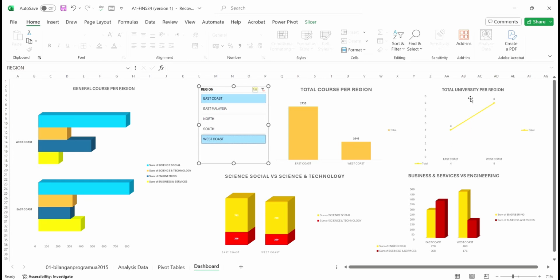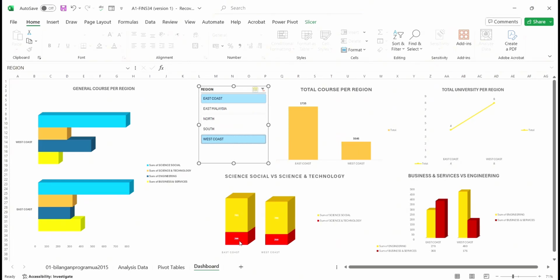The total university per region is 4 in East Coast and 8 for West Coast. In comparison of science social versus science and technology, East Coast has 791 for science social and 298 for science and technology, while West Coast has 760 and 254 respectively.